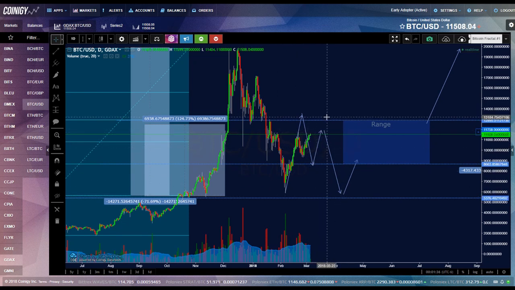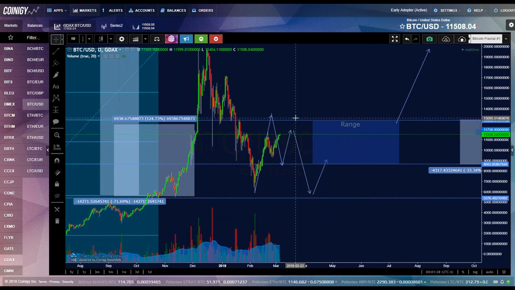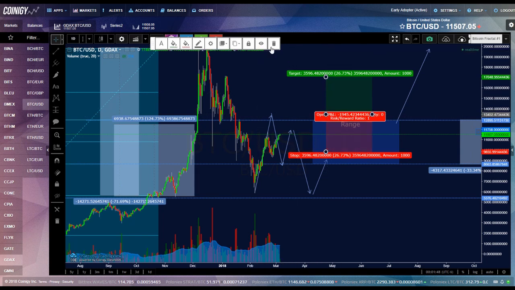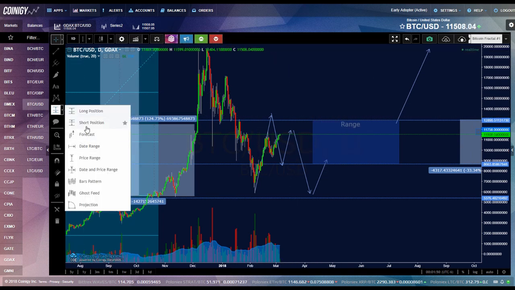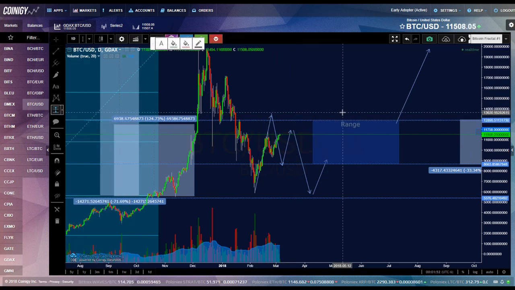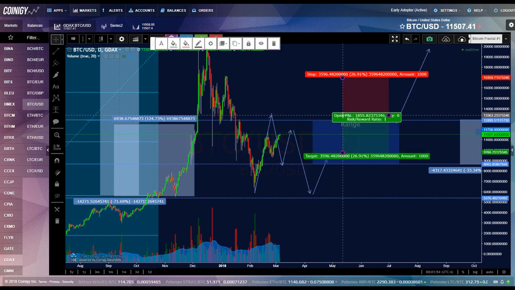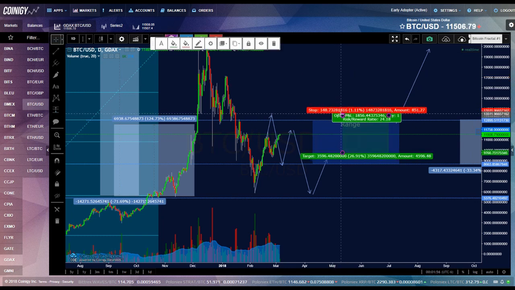So I might have short entries at like 13,500. I think it will spike a little bit because people get excited, and then from here I'll have a short position. I might be entering here at 13,500, with my stop at like 2% or something.